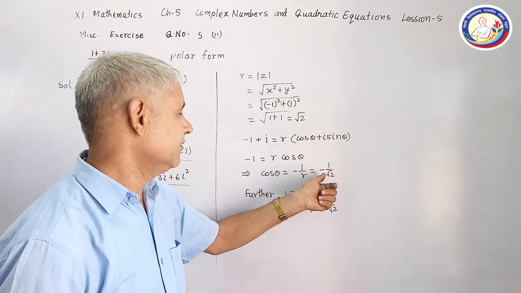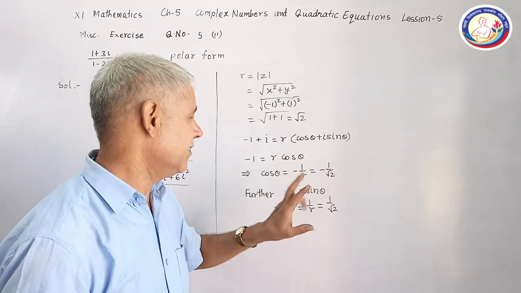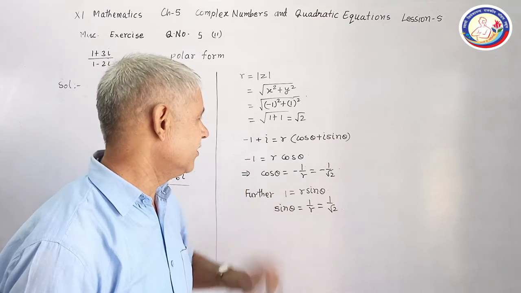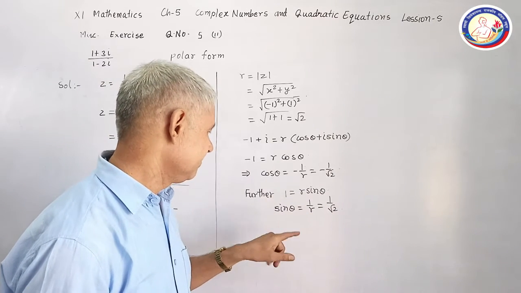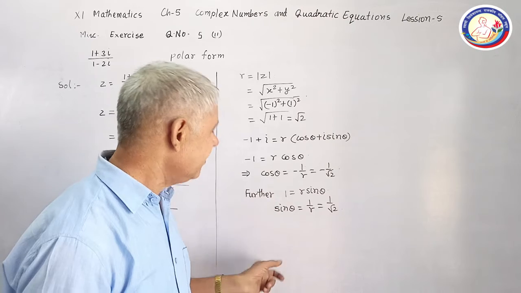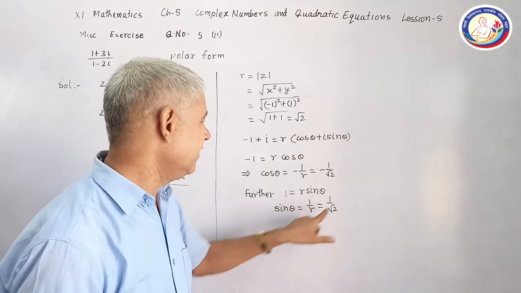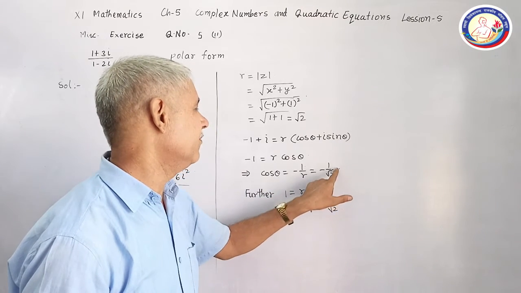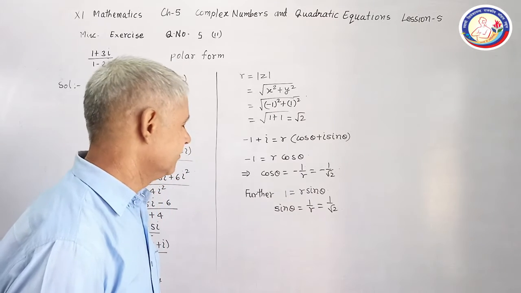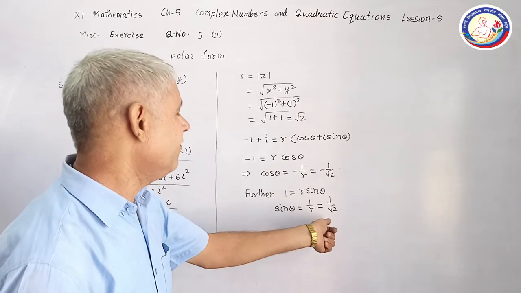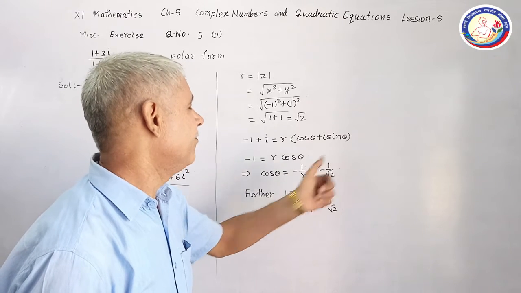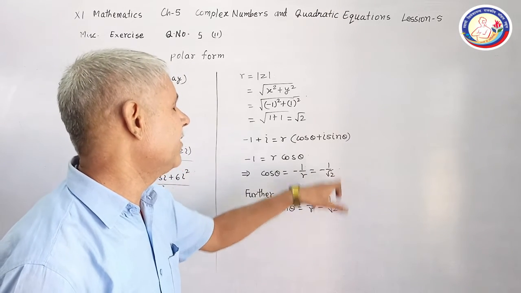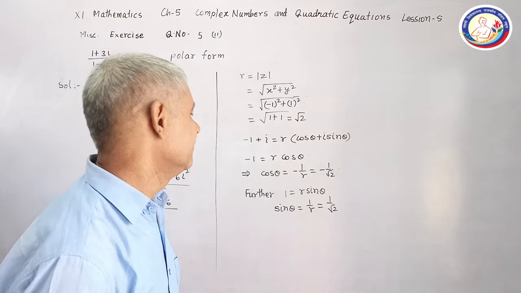Not taking the sign here, whether it is negative or positive, the value for angle 45, the sine is 1 by root 2 and cos is 1 by root 2. So the value of the angle will be pi by 4 here. This is for 45 degree or pi by 4.